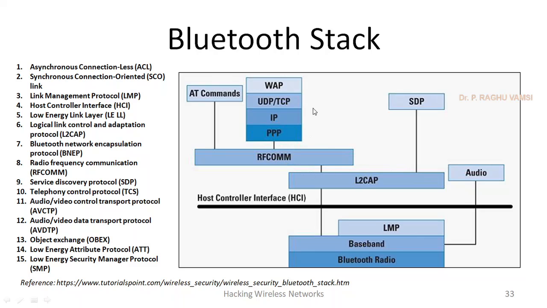Then there are the wireless application protocol, UDP, TCP, IP. You can also fix an IP address, PPP, point-to-point protocol, and AT commands. These are the various things available in the protocol stack, and some protocols are frequently used in the Bluetooth stack, especially for exchanging objects or files.